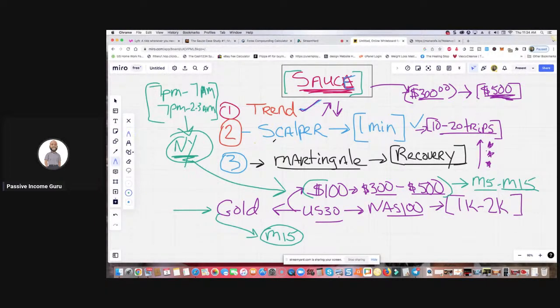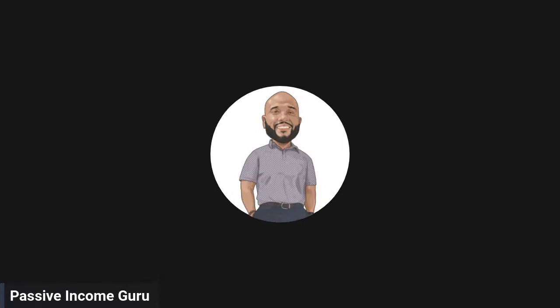You want to make sure, first of all, that the prop firm allows scalping, and most of all, martingale trading. You're going to see some of the prop firms say no martingale trading. So if they allow this and this, you're good. If they don't, forget it. Simple as that.